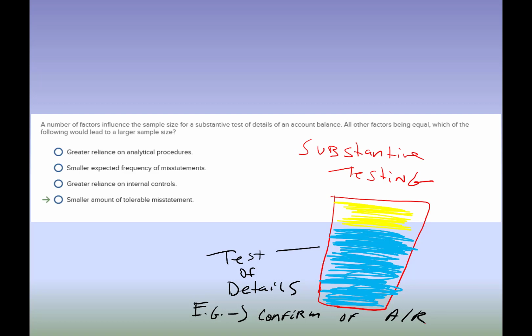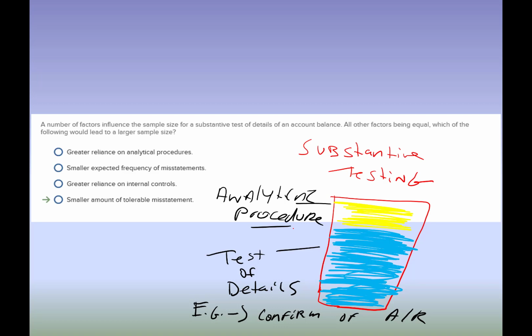Now, we do not have to fill up our entire substantive bucket of testing with tests like that, test of details. We could also use some analytical procedure. For example, we could compare the total number of accounts to the account balance.